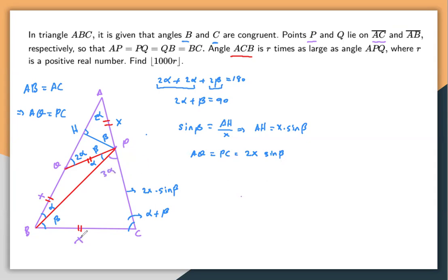Now I can say the side divided by the sine of its opposite angle. So X over sine of 3 alpha. I don't want to use this other side because I have no information about it, but I know this side, which is opposite the angle beta: 2x times sine beta over sine beta.